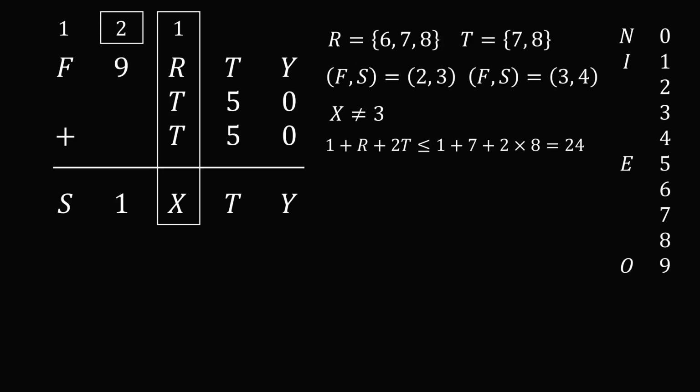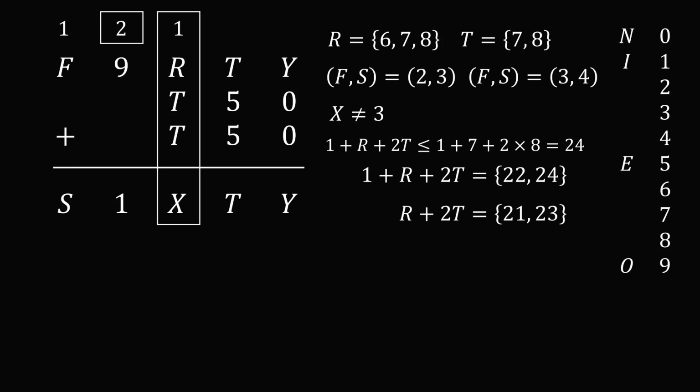We know it can't be 23 because x cannot be equal to 3. It could be 22. It can't be 21 or 20 because I and n are equal to 1 and 0. So 1 plus r plus 2t can either be equal to 22 or 24. Subtract 1 from both sides, and we know that r plus 2t is either equal to 21 or 23.